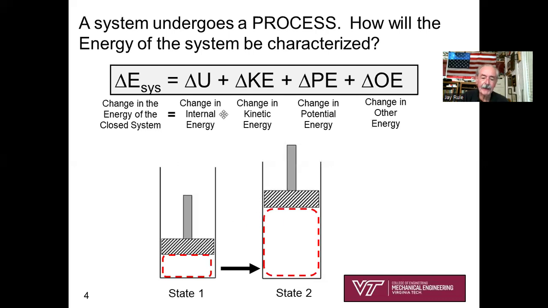Since we're changing states, I would expect the energy of the system perhaps to change. So this is a formal definition of the change in energy, delta E, of a closed system undergoing a process. It's going to be equal to delta U, the change in internal energy, plus the change in kinetic energy, plus the change in potential energy.